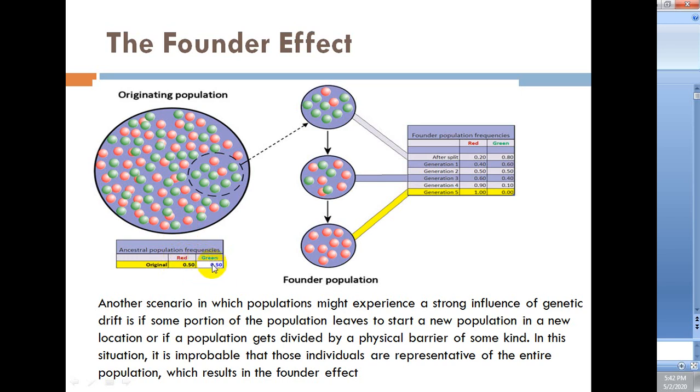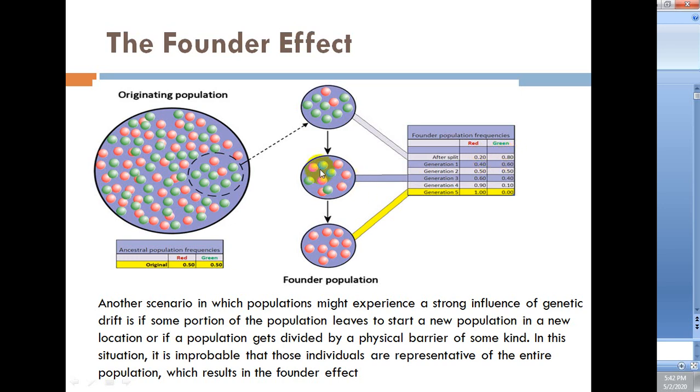But after generations, this is one new population, this is another new population, and this is another new population. So when a small group migrates, what happens in generation 1? After the split, you find the red allele frequency becomes 0.2 and the green is 0.8.